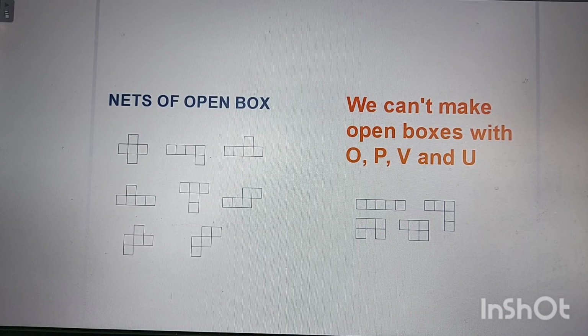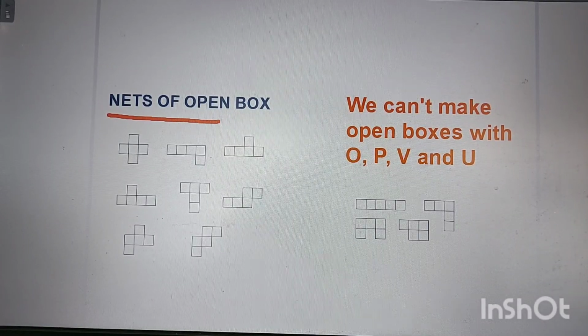Now come to this slide. Here you can see few nets of open boxes are given, and on the other side you can see that we cannot make open boxes with O, P, V and U. Now let me tell you which nets these are.